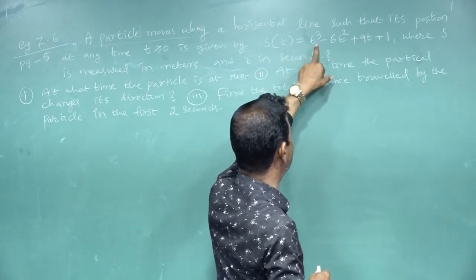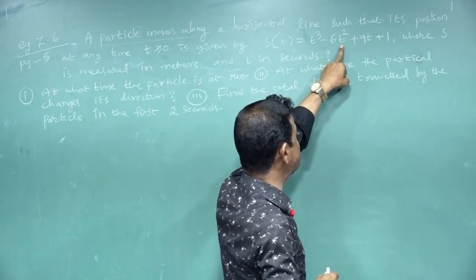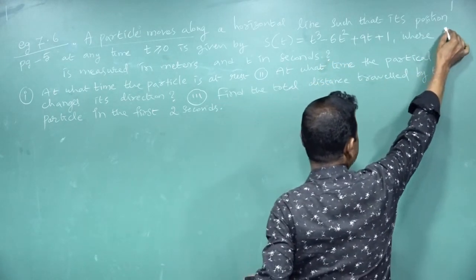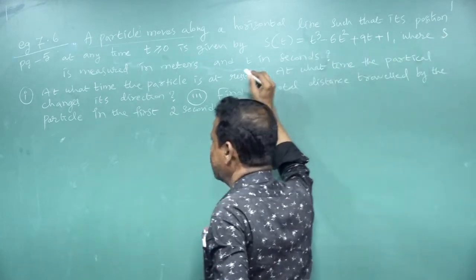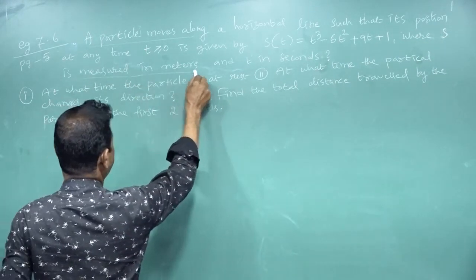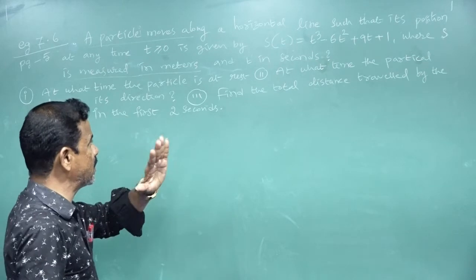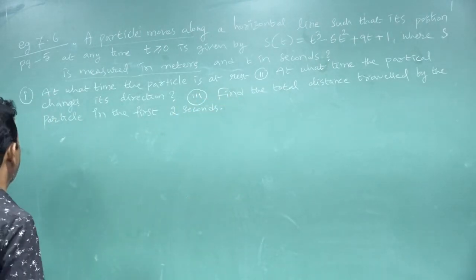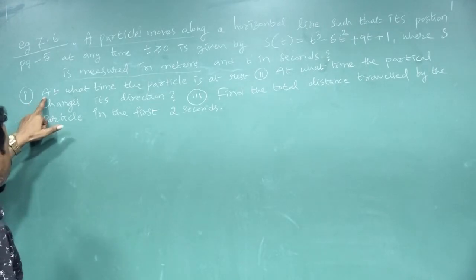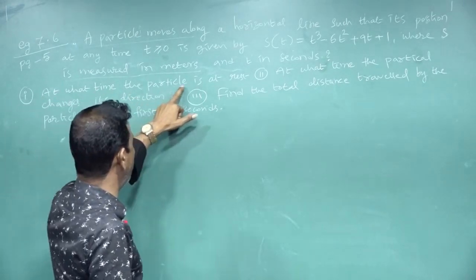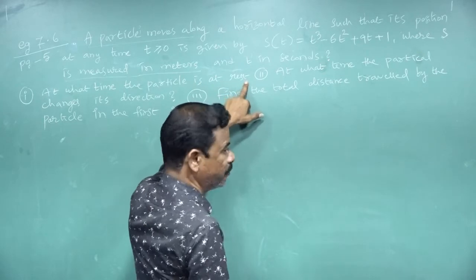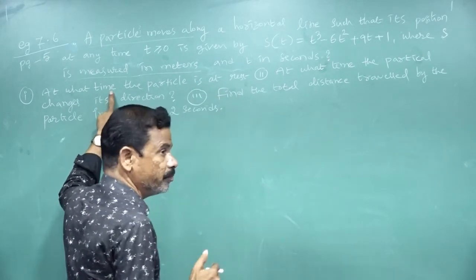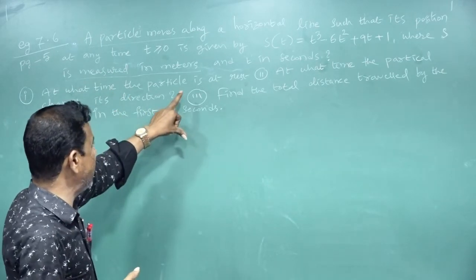S of t is equal to t cube minus 6t square plus 9t plus 1, where S is measured in meters and t in seconds. Next, the first question is, at what time is the particle at rest?